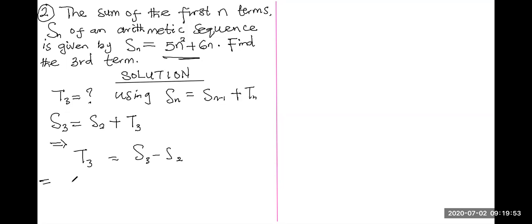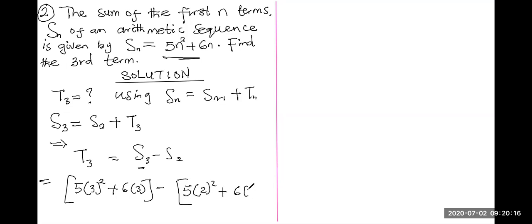So we're going to have n equals 3 give us 5 multiplied by 3 squared, then plus 6 into 3. That will give us sum 3. Then minus, when n is equal to 2, sum 2, we're going to have 5 into 2 squared plus 6 into 2. All right, so that will now give us what we have there.